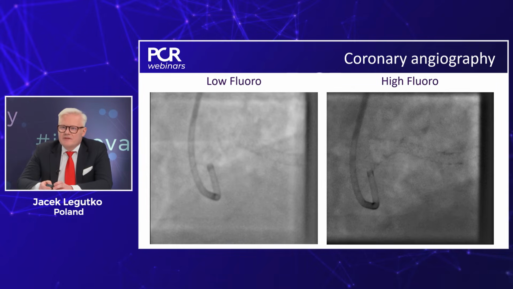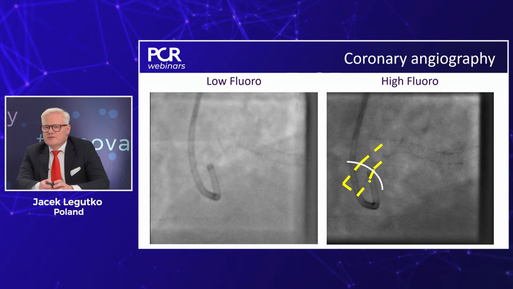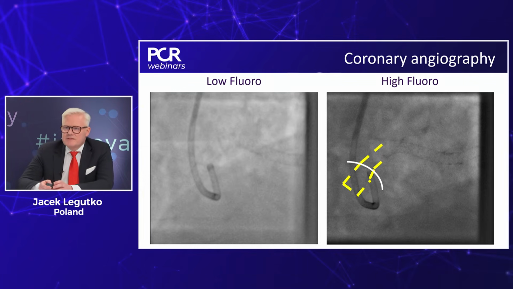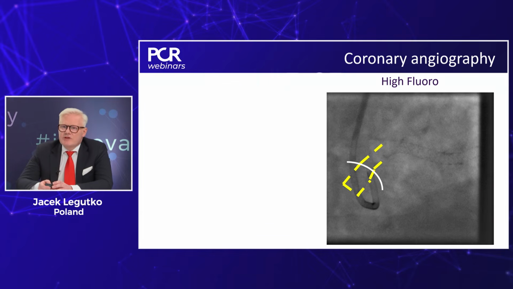Now it becomes clear that the problem with guide insertion into the left main is because this stent is protruding into the aorta, not 1 or 2 millimeters like we usually see during our procedures, but more than 5 millimeters into the aorta, which of course makes this procedure much more difficult.